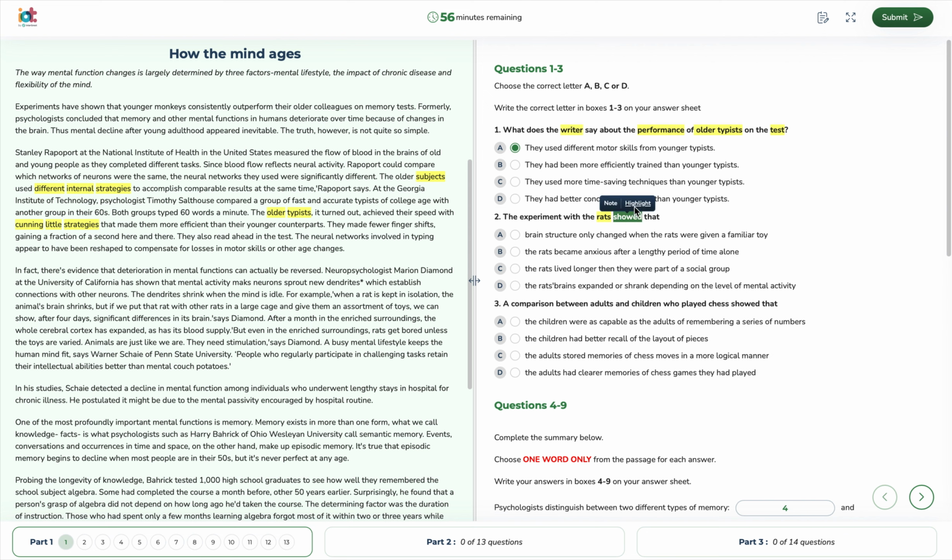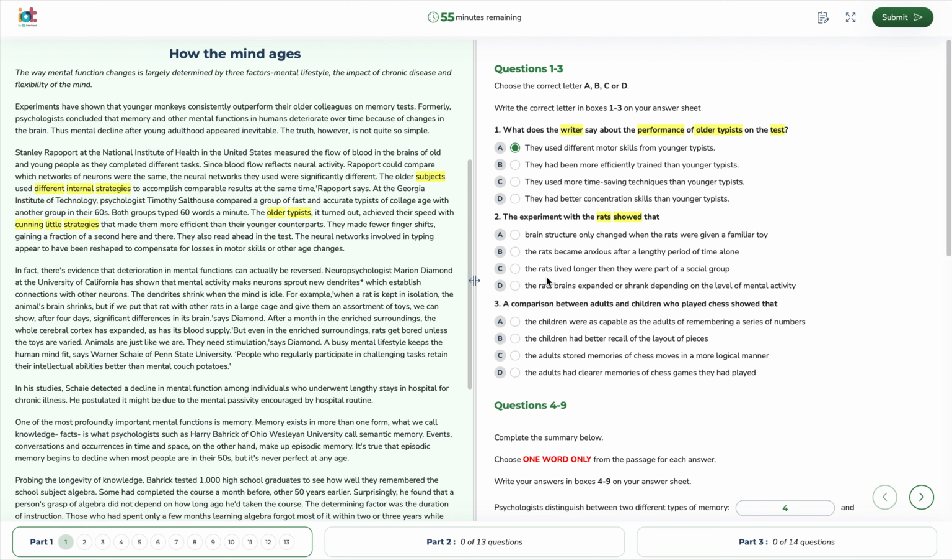Now the next question: there's an experiment with rats. Now it's the results they are showing with the rat. The first is: brain structure only changed when the rats were given a familiar toy. The next is: the rats became anxious after a lengthy period of time alone. They said the rats were not able to live alone after a lengthy period of time.